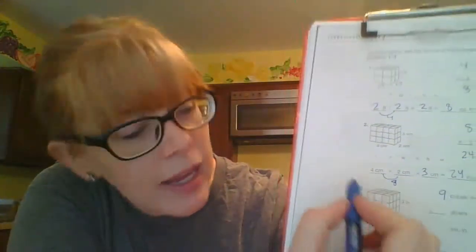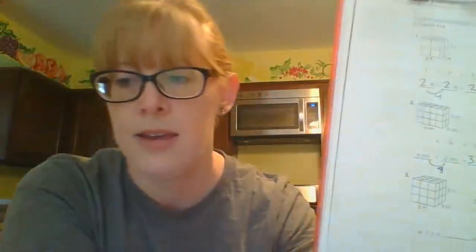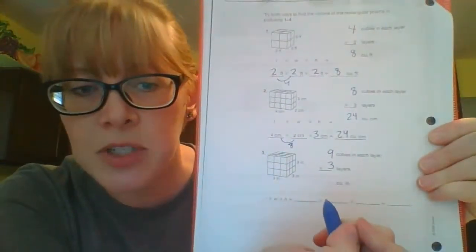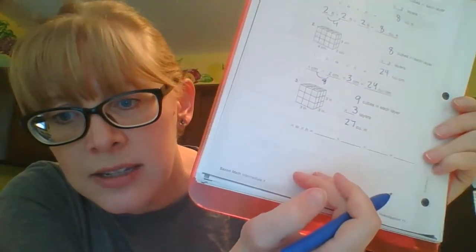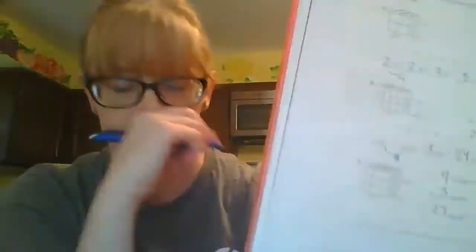How many layers? 1, 2, 3. 9 times 3 is 27. 27 cubic inches. The other way that I could do that would be 27 inches cubed.